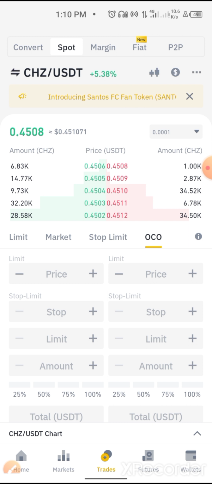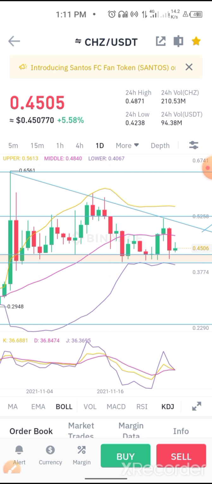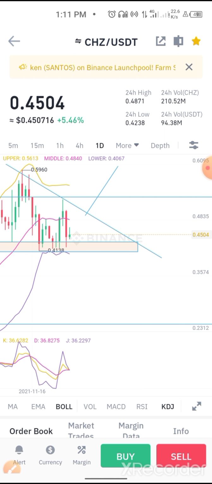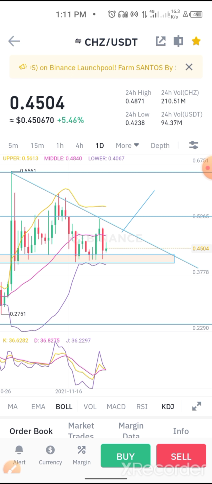So we now have two limit orders. Let's go back to the chart and run it. Remember, the purpose of the OCO order is not to miss out on trades. Now we are going to start from the buy order.